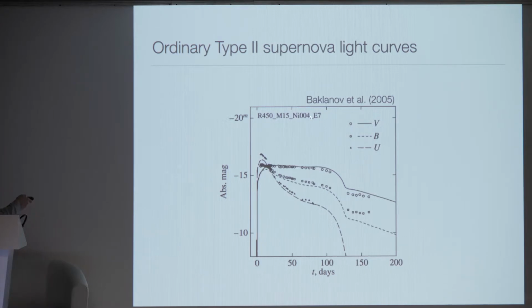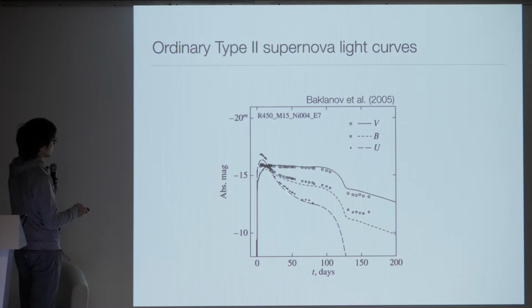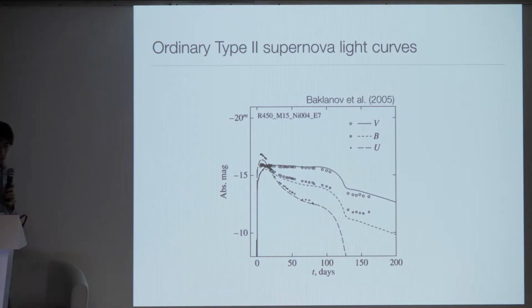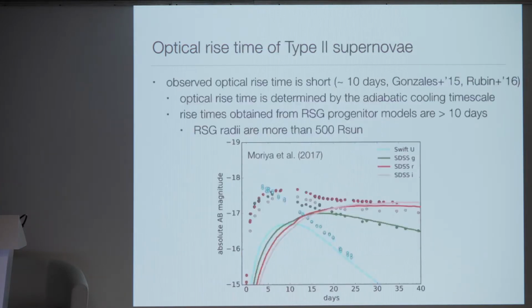This is the explosion of a 15 solar mass red supergiant. But one issue which has been realized in the last 5 years or so is in the early time. In the late phase, the model is doing relatively well, but in the early phase, the model is actually rising slower than what is observed.